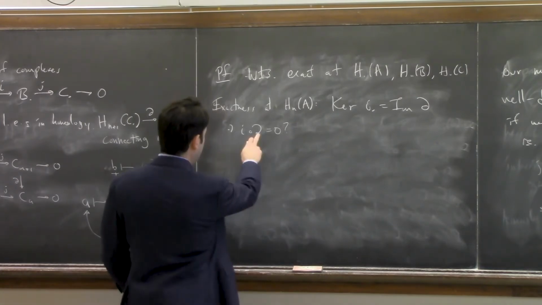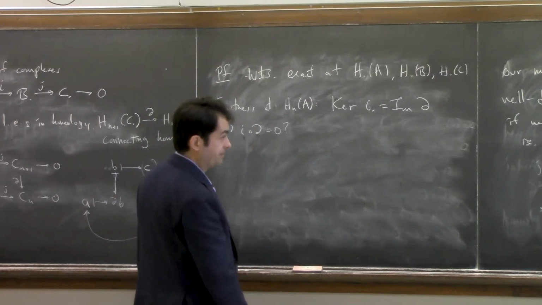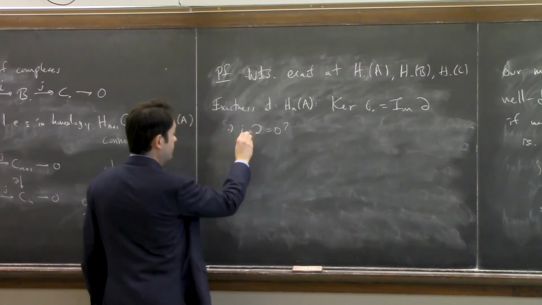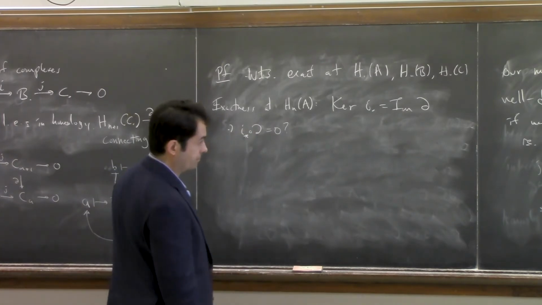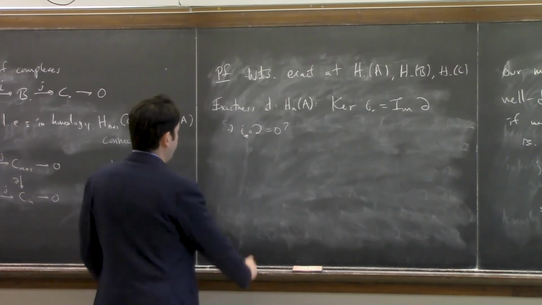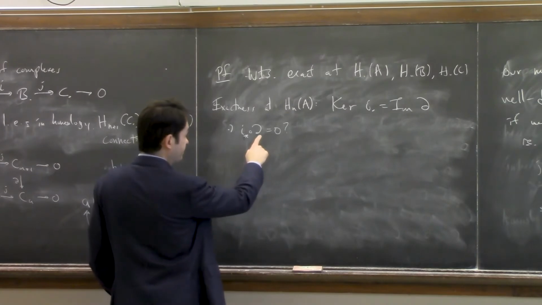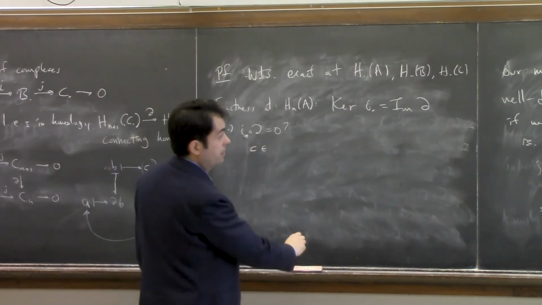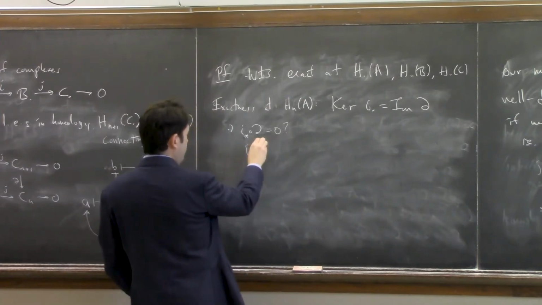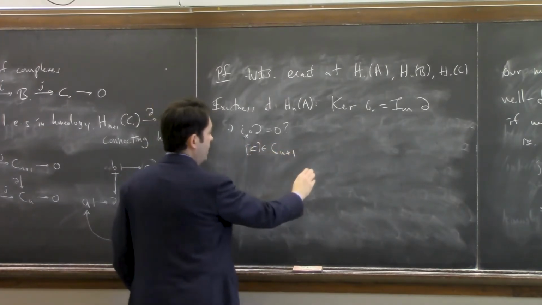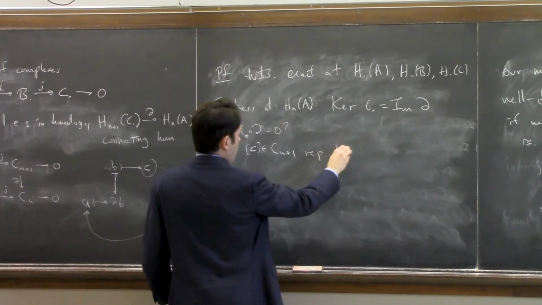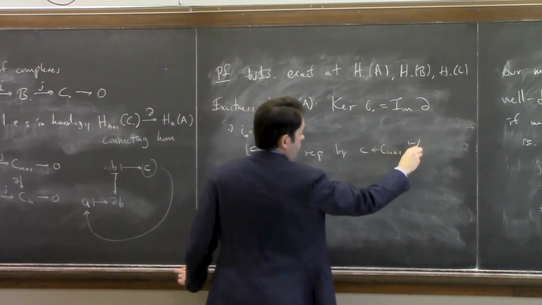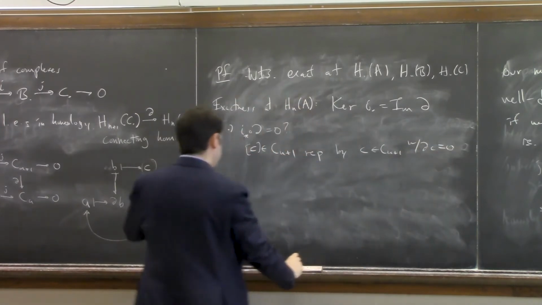First boundary, then you hit it with I. And it's I star, isn't it? It is. OK, so if you give me a class of C in C_{n+1}, I represent it by C in C_{n+1} with boundary of C equal to 0.